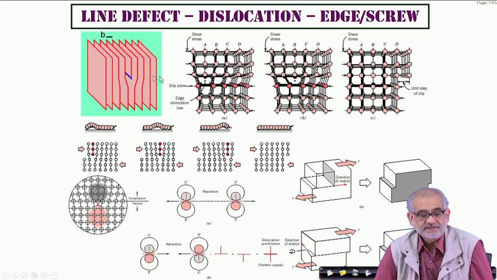If you create a Burgers circuit, that is, you define a circuit around this kind of situation where you have both a defect and a non-defective lattice, let's say you start from here. If you go 1, 2, 3, then 1, 2, 3, then again 1, 2, 3, then you realize that you actually are going out of the crystal.